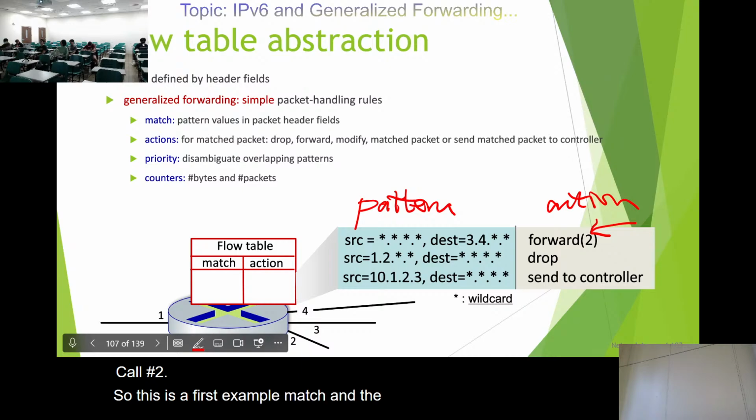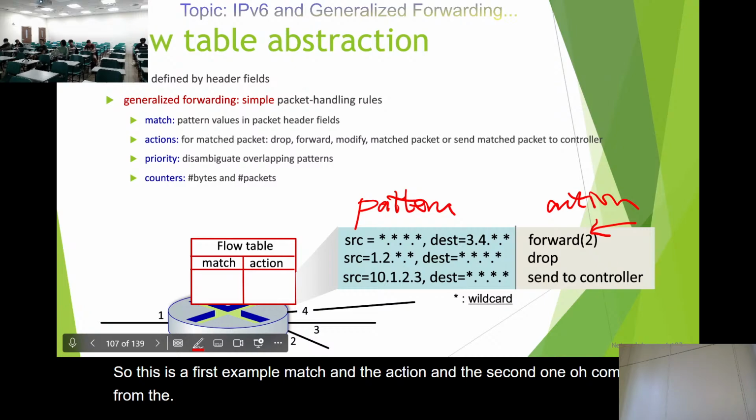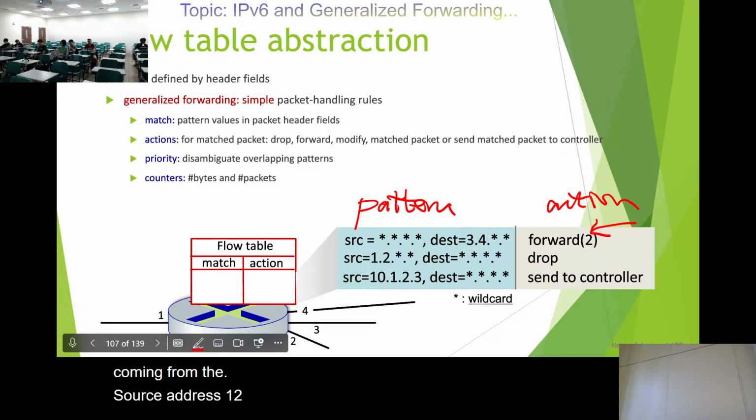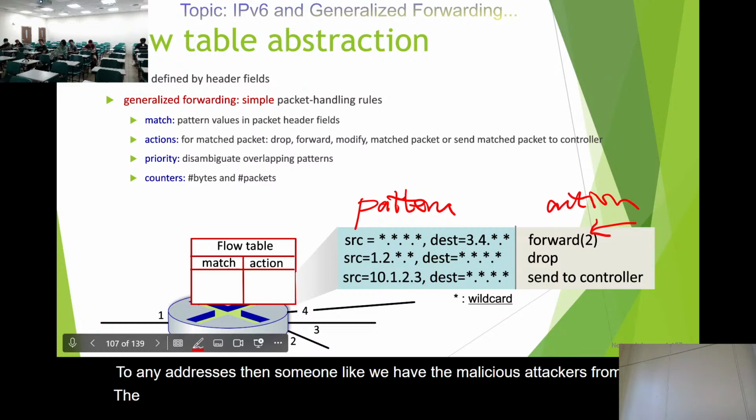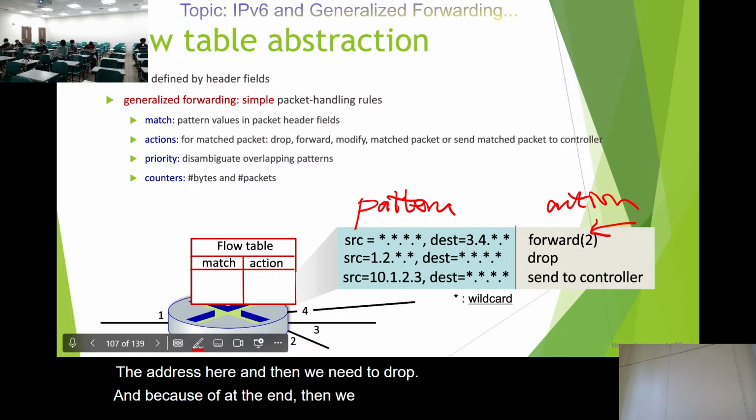And the second one, coming from the source address 1.2 to any addresses, then someone like the malicious attackers from the address here, and then we need to drop. And because of SDN, we have the concept of a controller.